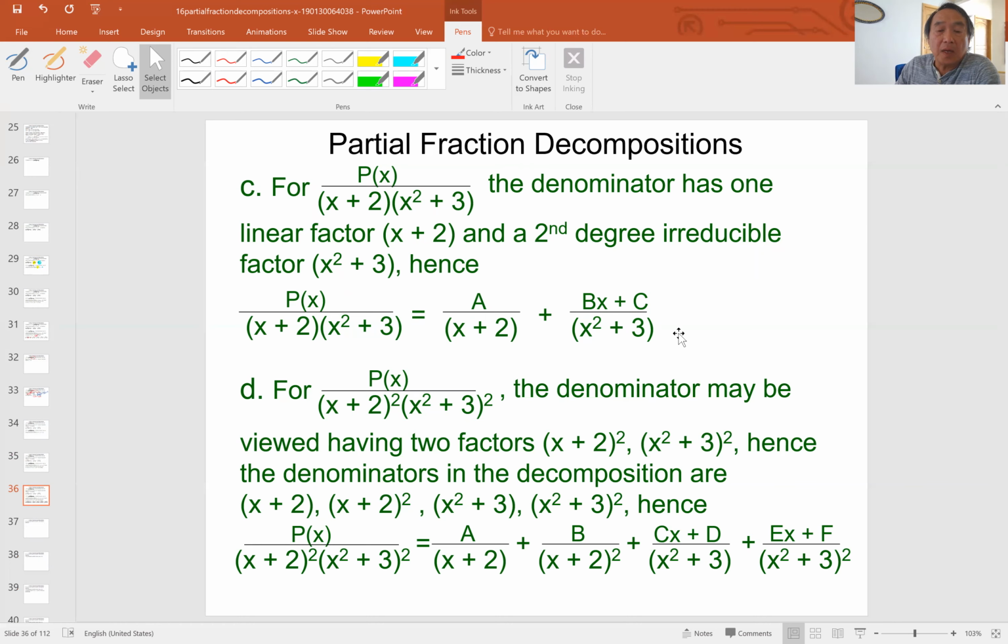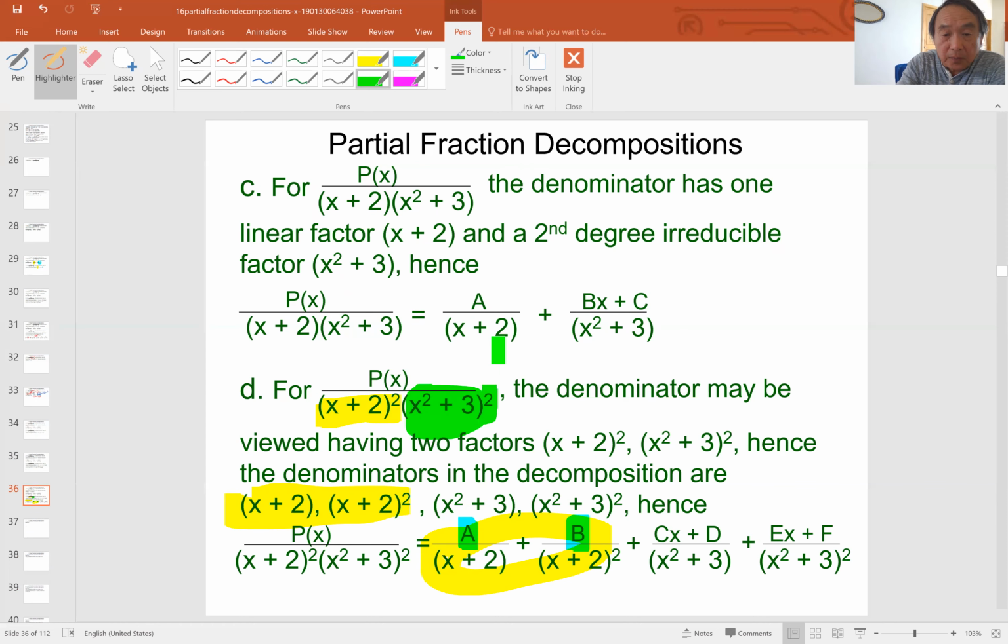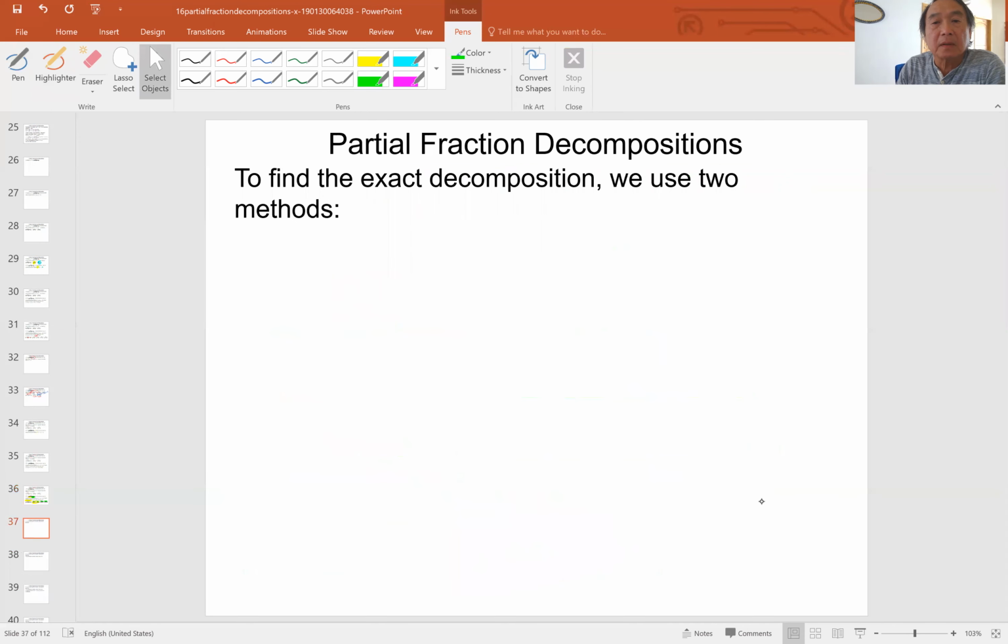For the linear ones, for the x and x plus 2 related to these linear factors, you only need numbers on top again. But for the irreducible square ones, you will need a linear term on top. So now you have 6 different numbers you have to figure out later on.